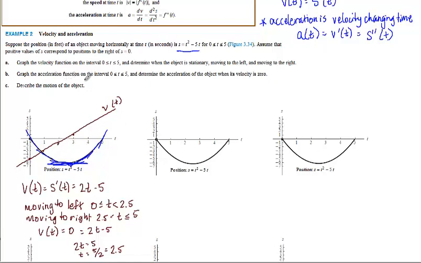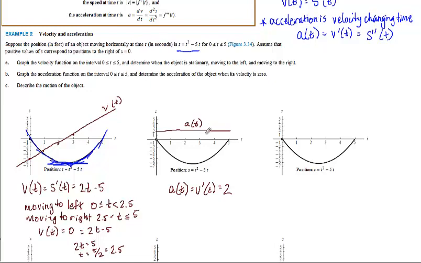Graph the acceleration function. The acceleration function is the derivative of the velocity. So I'm going to take the derivative of the velocity, and that would be 2. The acceleration is a constant.